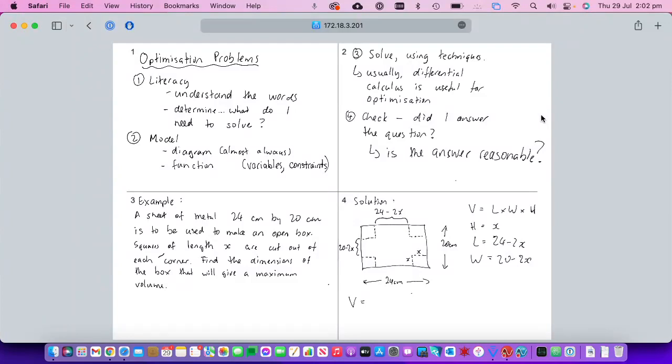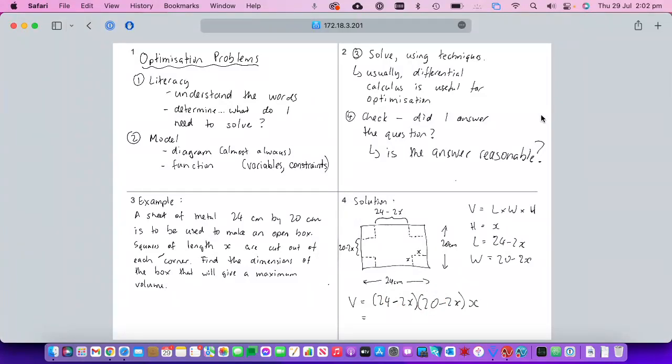Okay, so now I can use these facts to get a function for my volume. And my volume is going to be length, 24 minus 2x, times width, 20 minus 2x, multiplied by the height, which is x. Okay? And I can expand this. I start by expanding these two and then multiply everything through by x.